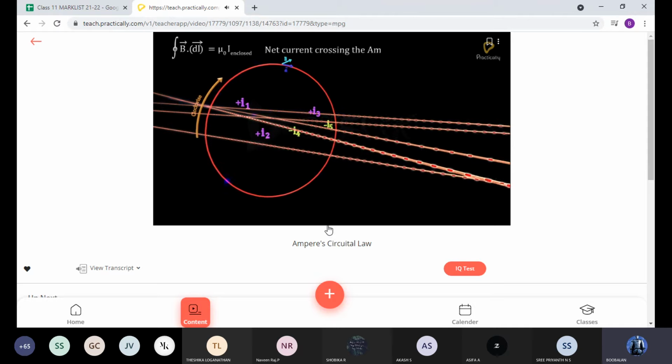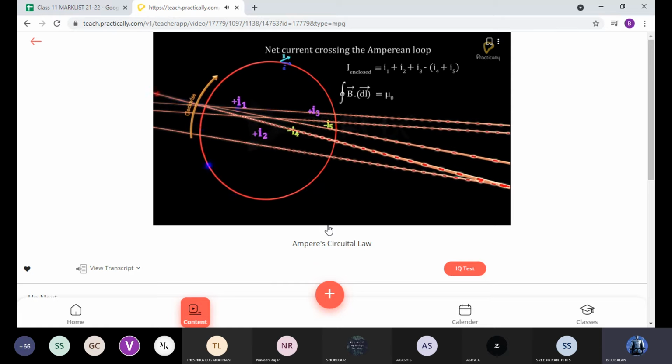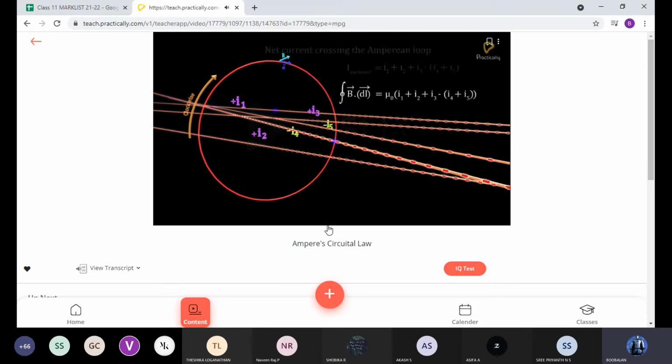The net current crossing the Amperian loop is I1 plus I2 plus I3 minus I4 minus I5. Application of Ampere's law for the loop gives us the line integral of B dot dl equals mu naught times (I1 plus I2 plus I3 minus I4 minus I5).